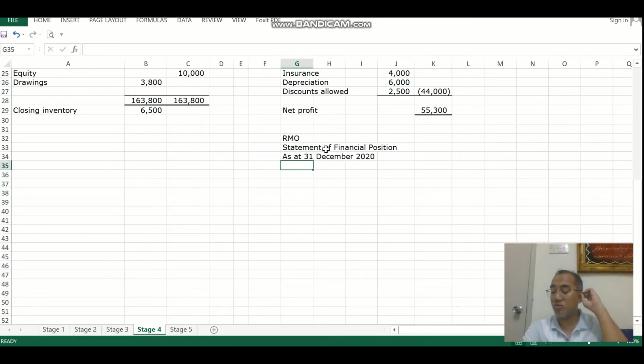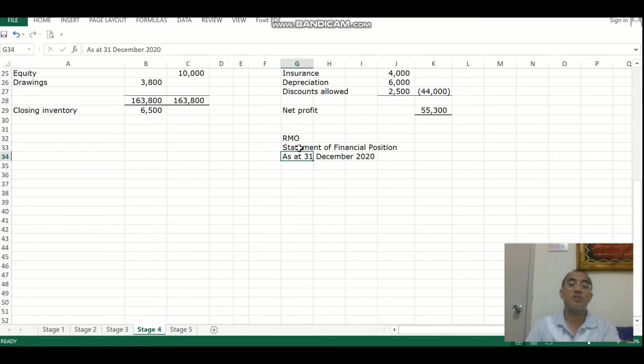So if you always do exercises, this label you will not forget. This label is important because sometimes it brings you marks.